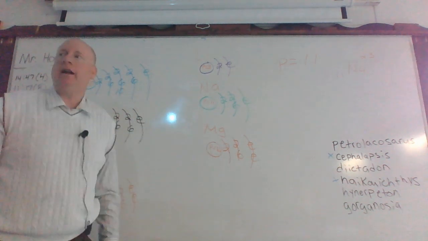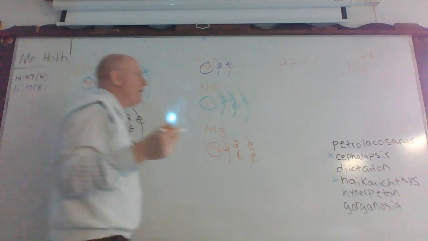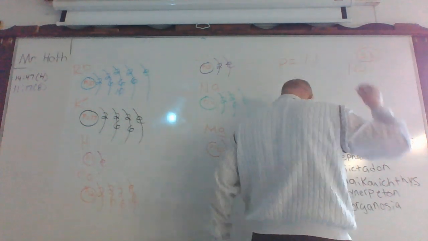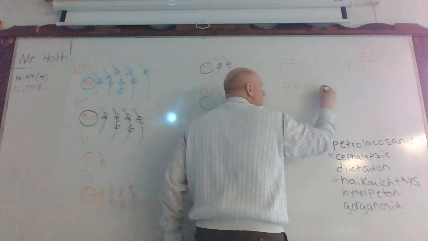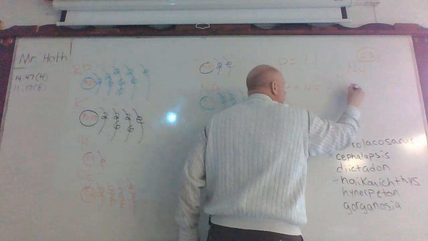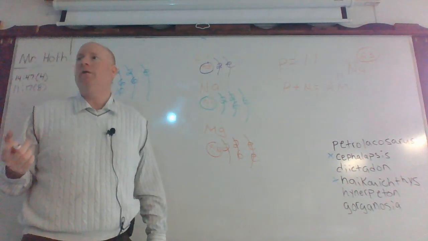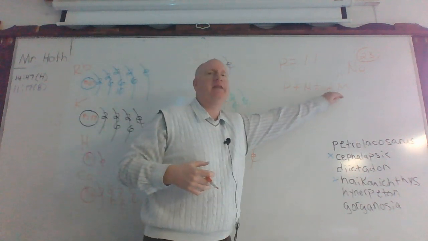We said today that the number of neutrons plus the number of protons equals the atomic mass. So the atomic mass is this guy up here, or 23. So protons plus neutrons equals atomic mass. Okay, not atomic number. The mass number and atomic mass mean the same thing.